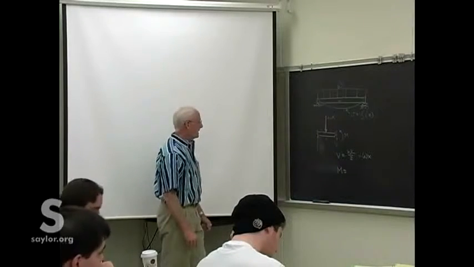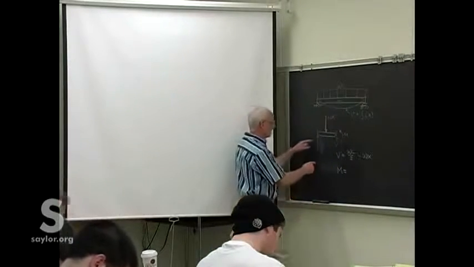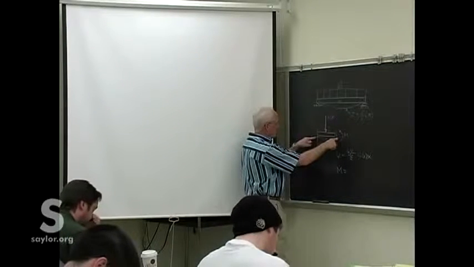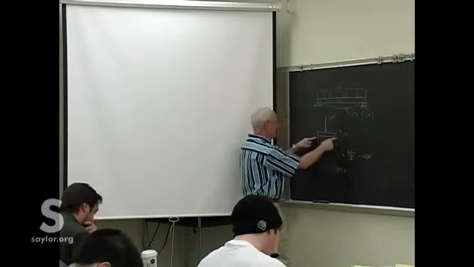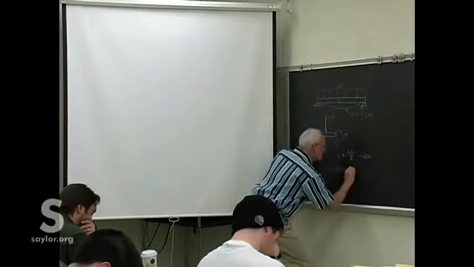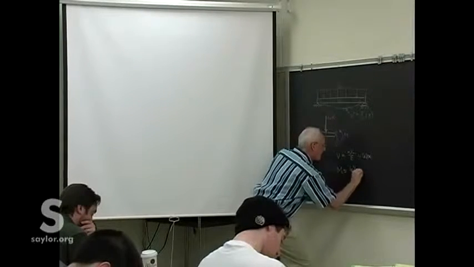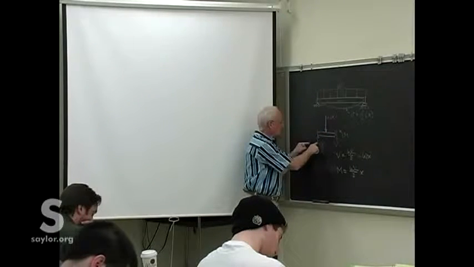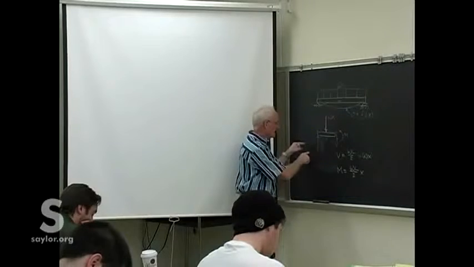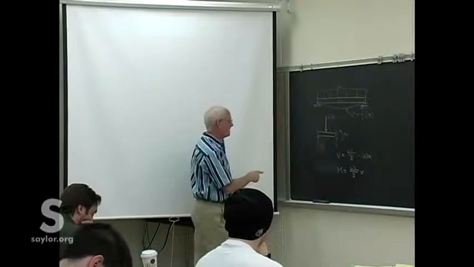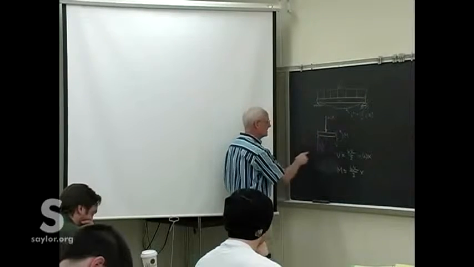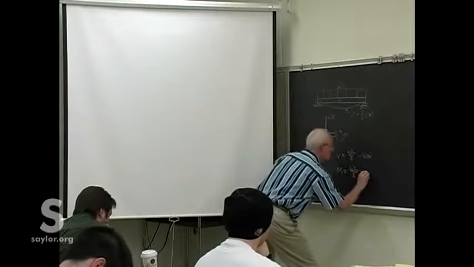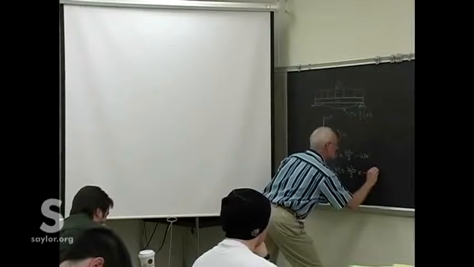And the moment must be WL over 2 times X. That's the reaction plus, no, that's the moment due to the reaction. Then we have the moment due to the load, which is in the other direction.